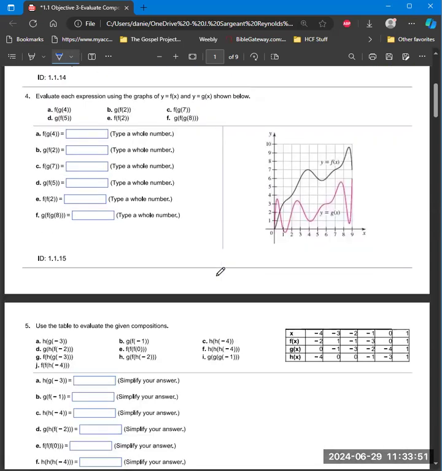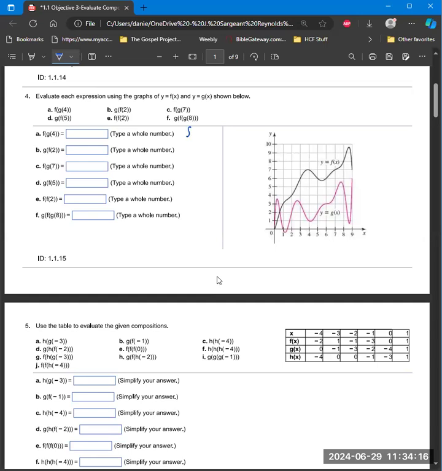Let's evaluate each expression using the graphs to the right there, where y equals f of x is this black function, and y equals g of x is this pink function down here. So g of f of 4, so f of 4 is going to be 7. So we want g of 4. G of 4 is going to be 1.